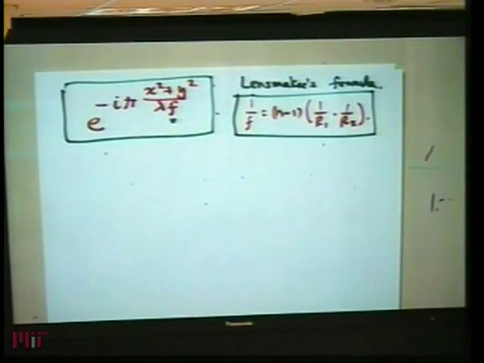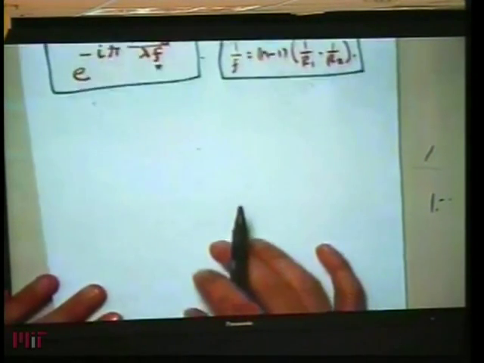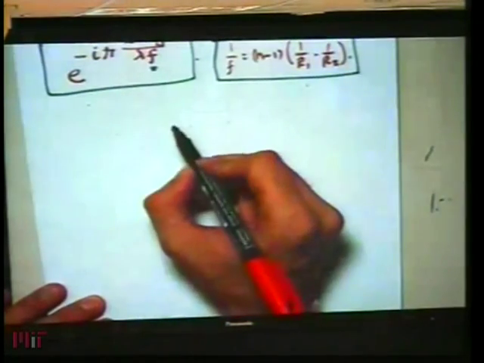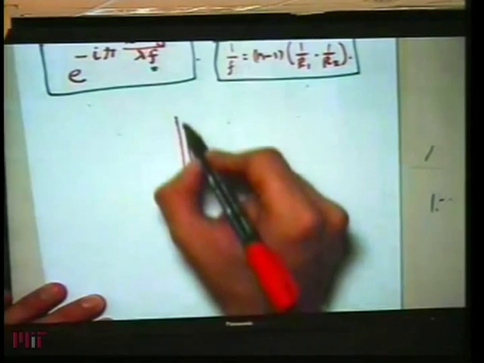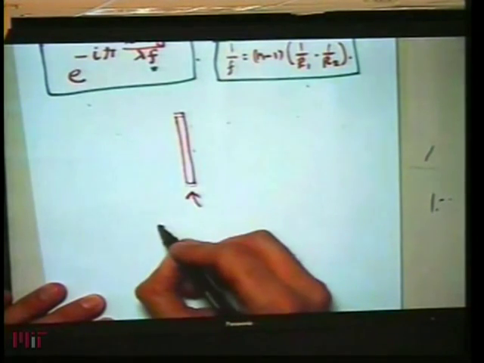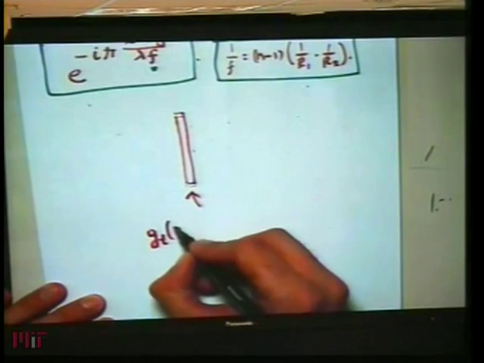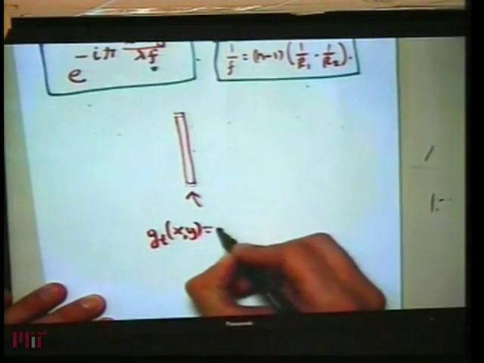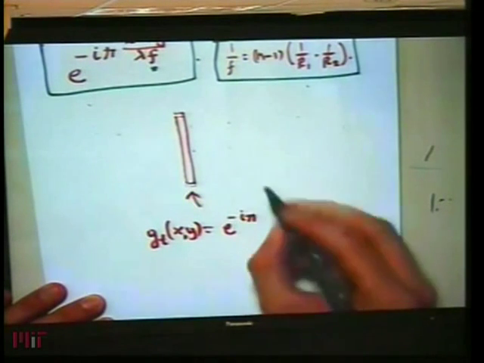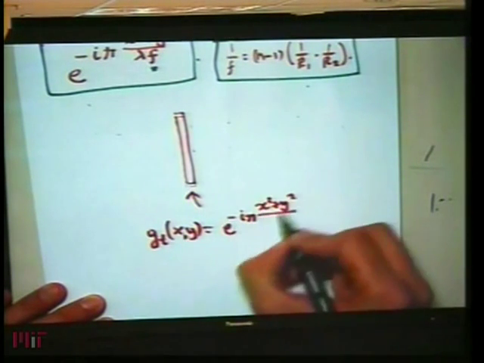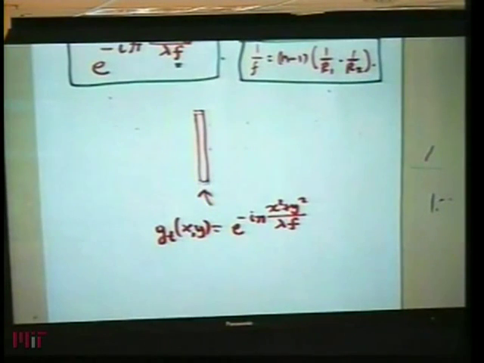Okay, so now let's see why this is the same result as we had before. So the trick here is that when we have a situation like this one, we replace the lens with its complex amplitude transmittance. Okay, so forget about the curvature, forget about the glass and everything else, we just replace it with a thin transparency.